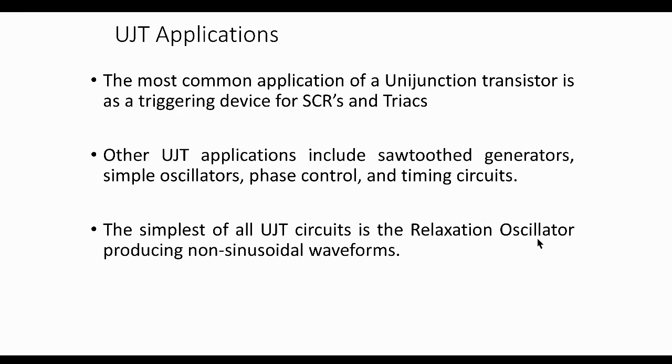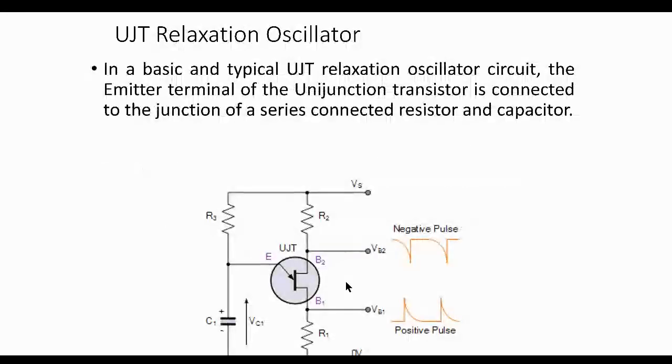With this type, it produces non-sinusoidal waveforms. What we're looking at here is a basic circuit configuration for your UJT.